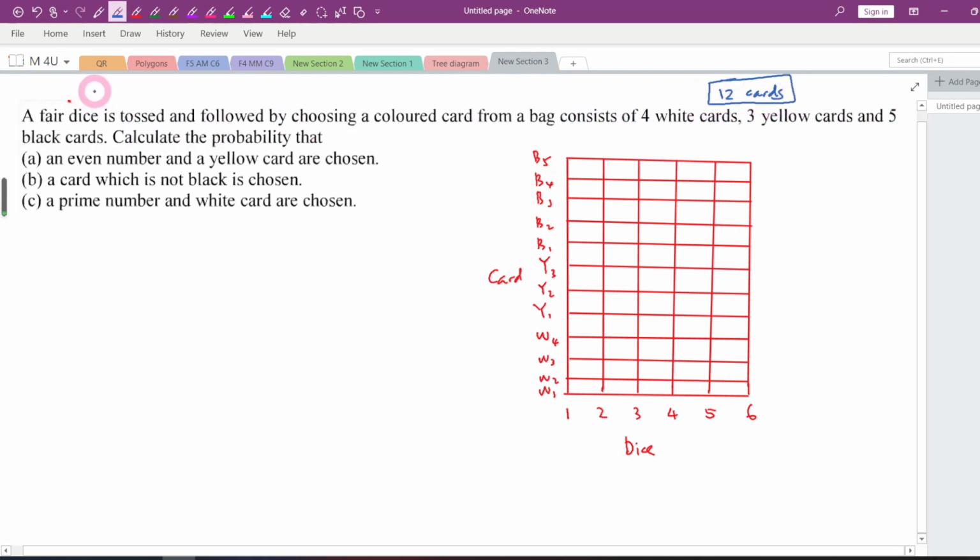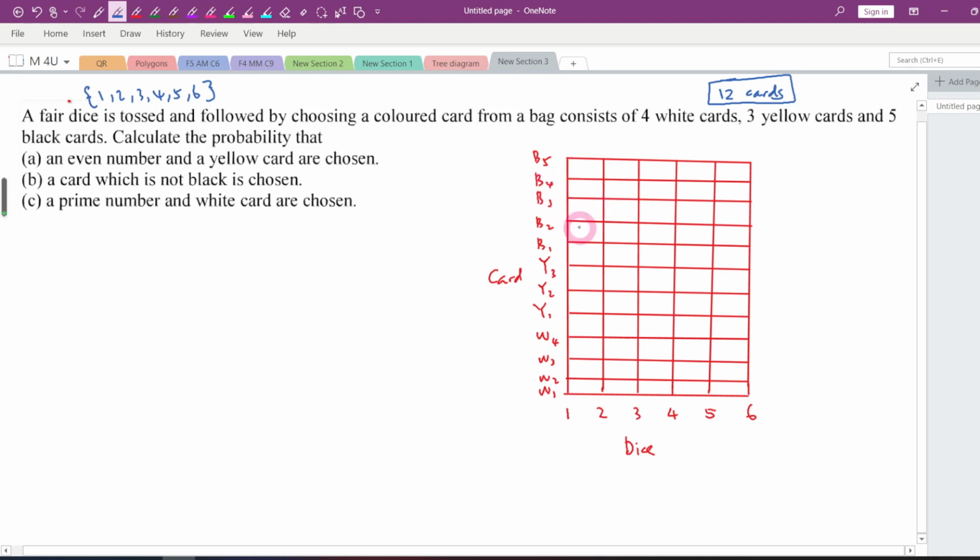So for a dice, we will be getting 1 or 2 or 3 or 4 or 5 or 6. Let me write over here, 1, 2, 3, 4, 5, 6. Calculate the probability that an even number and a yellow card are chosen. So let me use this diagram to help you to visualize all the possible outcomes first.